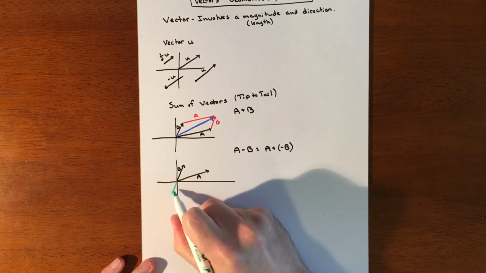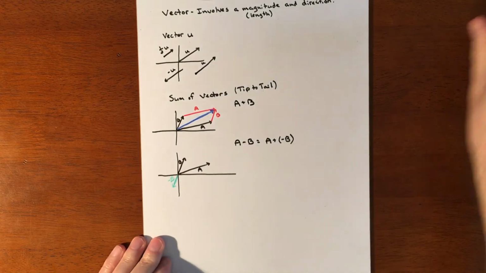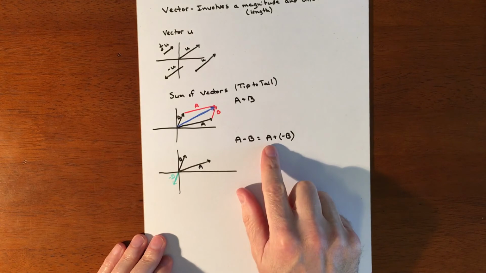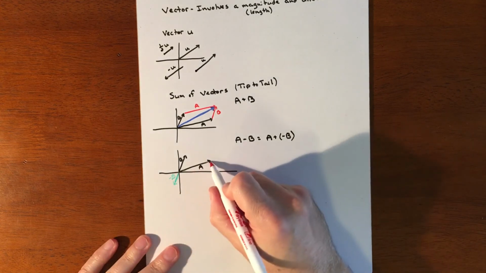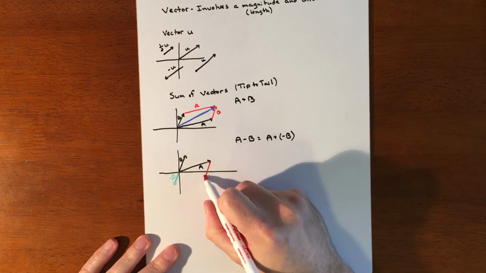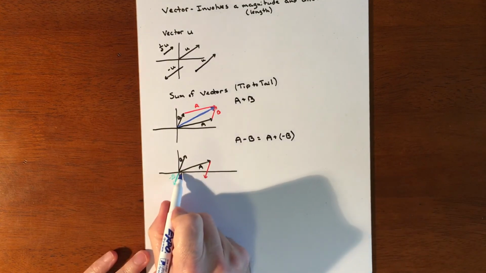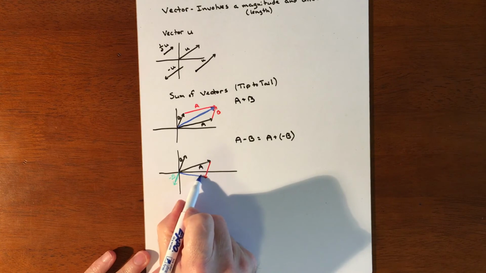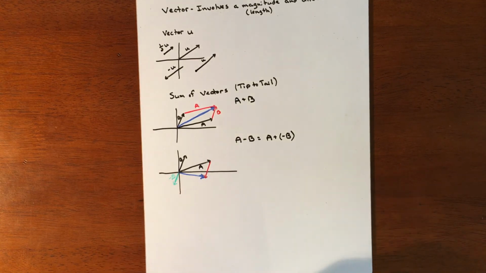That's what you would be tacking on, because again, it's tip to tail. We're going to go from A to B, and see if it matters if we go the other direction. You put that onto here, and then the vector that you get out of it is going to be this. That one is A minus B.